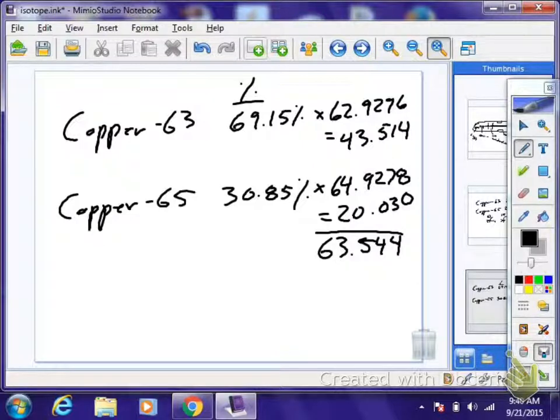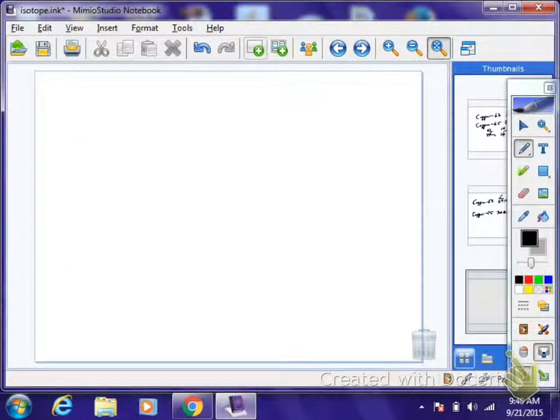So Avogadro came up with this way, and we're not going to go through all the specifics on how it came to be this way, but he found that if we have one unit, it's called a mole. Now how they came up with moles, M-O-L-E, I don't know.